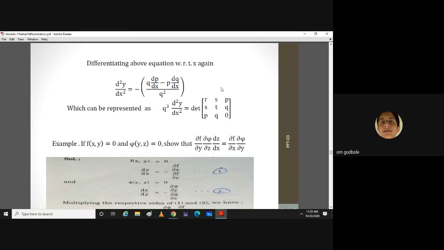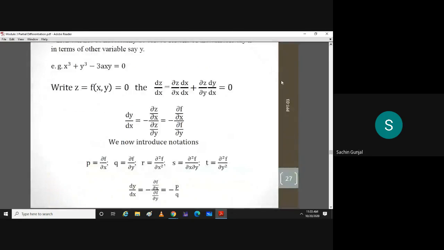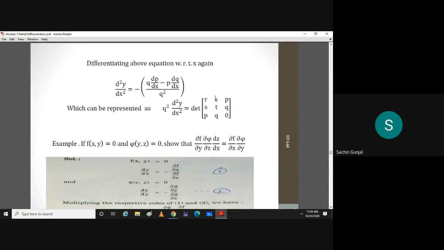Could you explain how we got the determinant? You need to find dP/dx and dQ/dx from this expression. Do this calculation, dP/dx, dQ/dx, substitute there, substitute here.